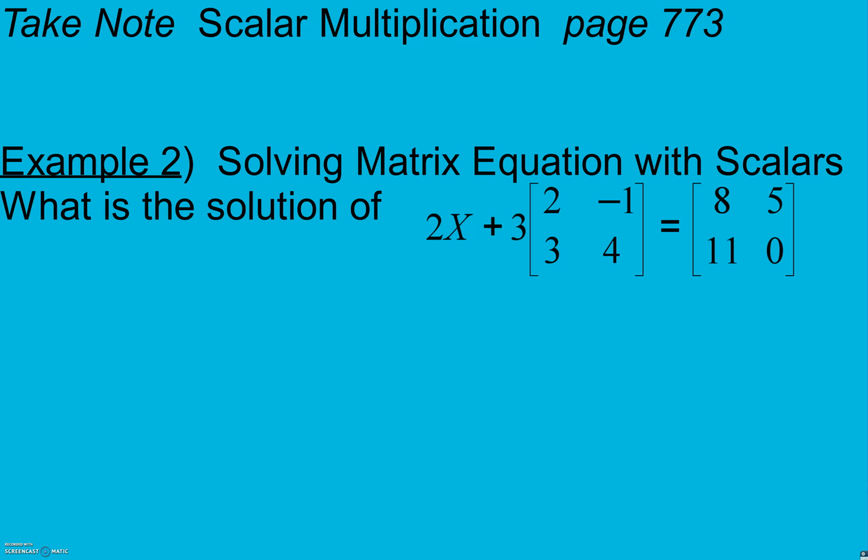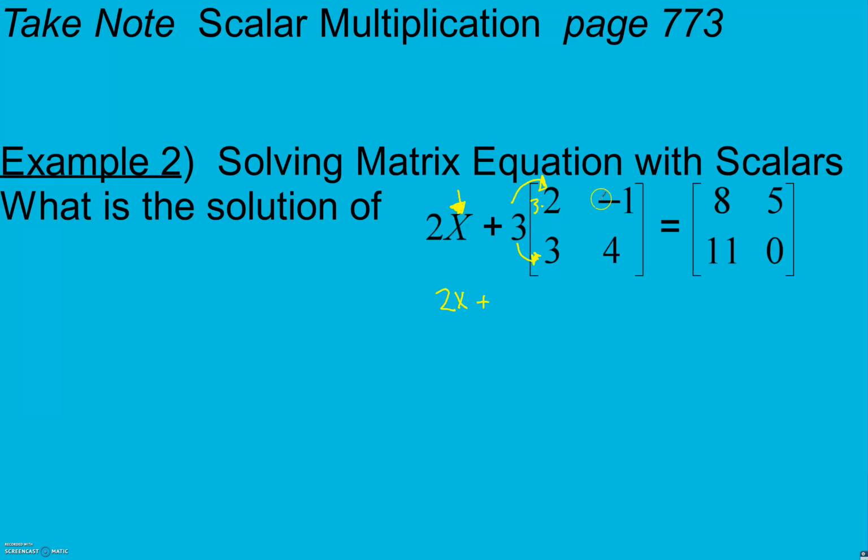So what is the solution of 2X plus 3 times a matrix equals a matrix? Capital X means this is going to be a matrix. We're looking for a matrix. So first thing we're going to do is distribute. Take our scalar in.